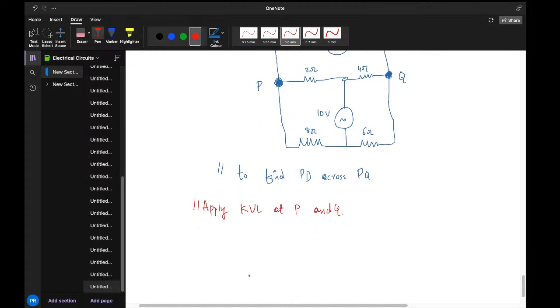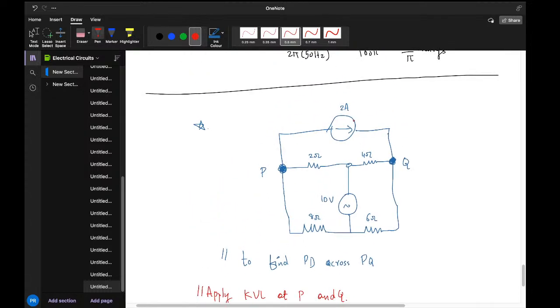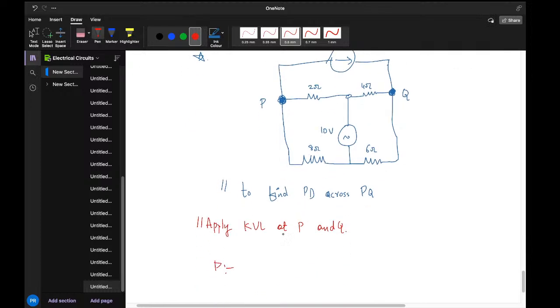First let's take the point P. At point P you can see that 2 ampere is the current flowing. So we have 2 ampere over here.